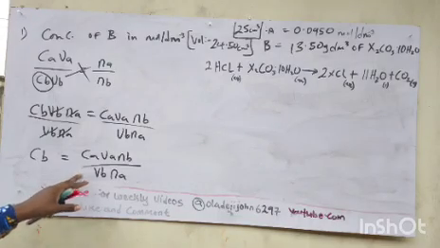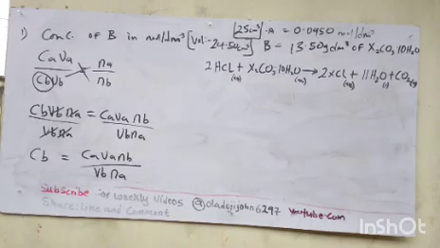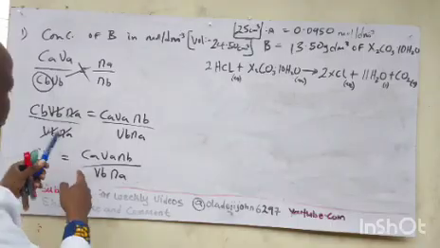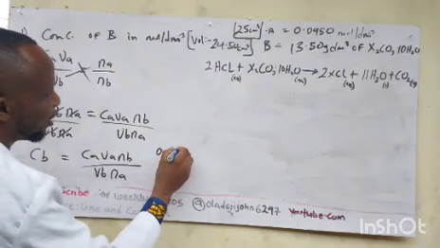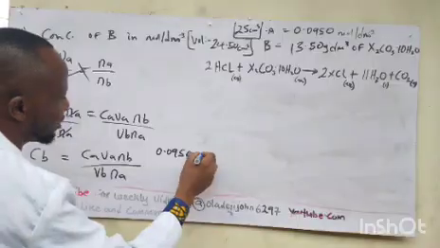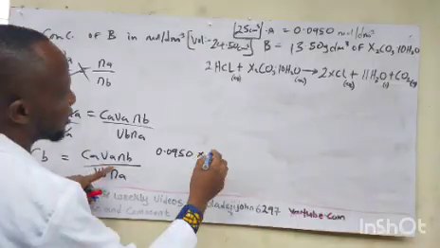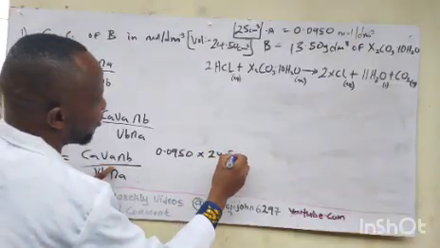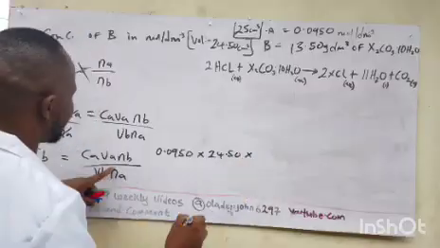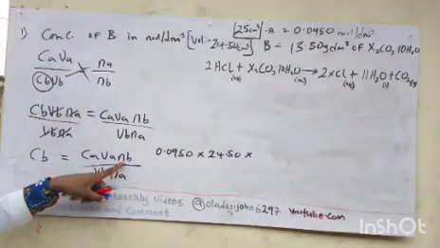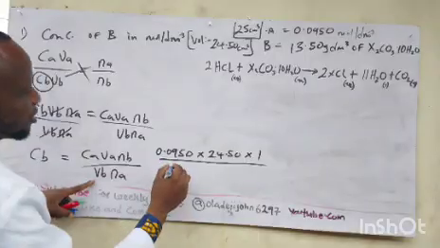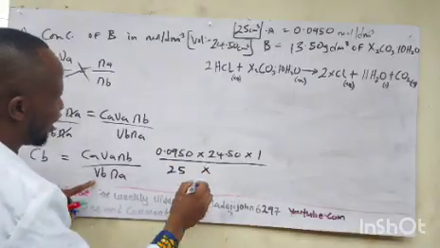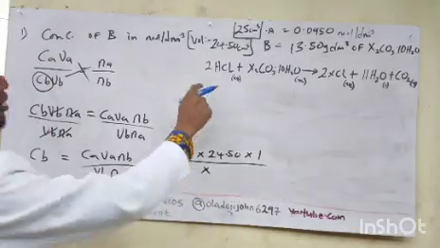And here, the values will be given as concentration of acid, 0.0950, times volume of acid, 24.50, times number of mole of base, 1, over volume of base, which is 25, times number of mole of acid, that's 2.